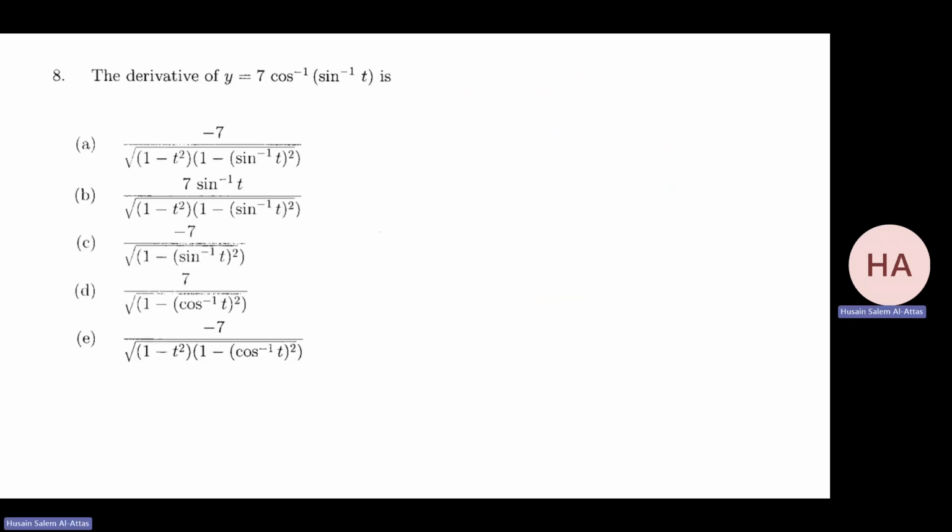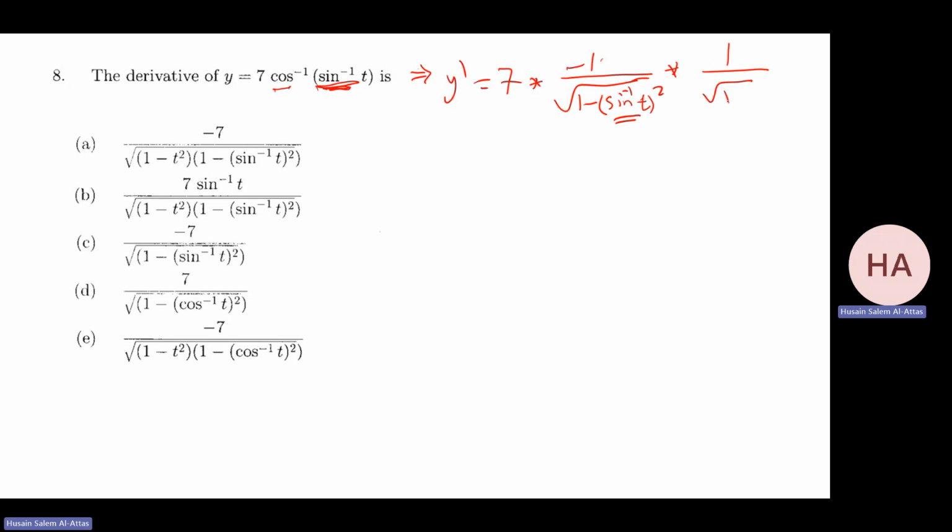The derivative of 7 cosine inverse of sine inverse of x. Okay, so this is my u. So y prime will be 7 times, here I have what? Cosine inverse, this is u. So it will be minus 1 over square root of 1 minus u squared, times the derivative of u.